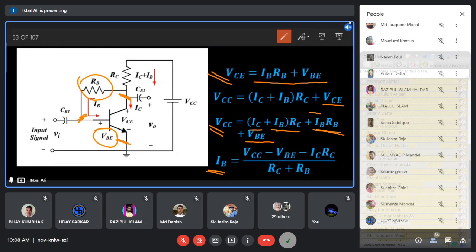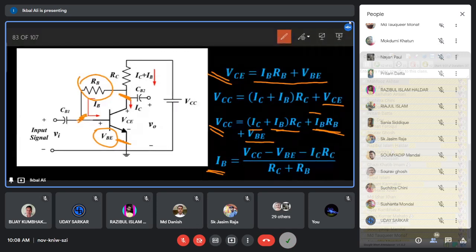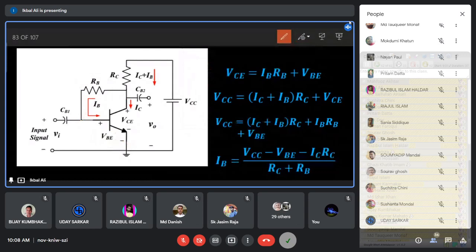This term gives you IC into RC, and this is your VCC and VBE. Then you can solve for IB. It will be VCC minus VBE minus IC into RC, divided by RC plus RB. This is very simple. So from these two equations, we can ultimately calculate the base current in this form.